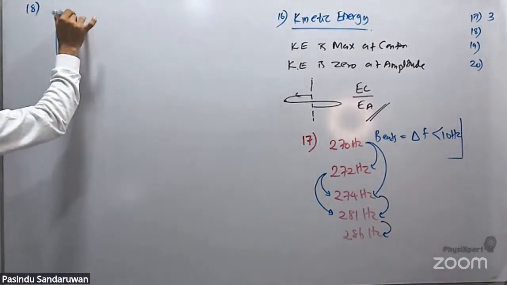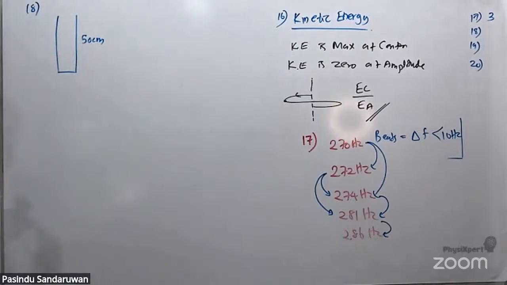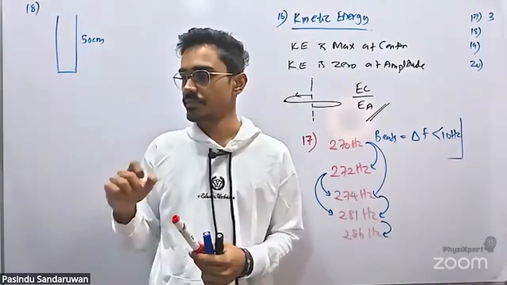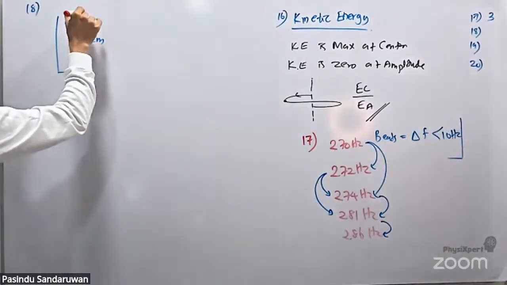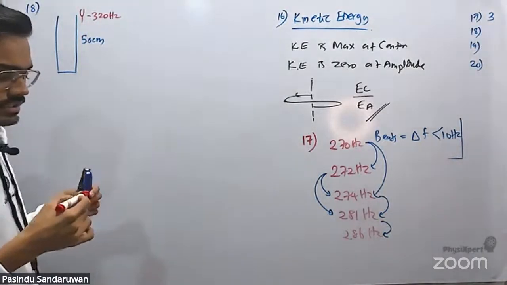Something like this: one end open pipe, 50 centimeters long. The minimum frequency necessary for resonance is 320, which means this tuning fork should be 320 Hertz.